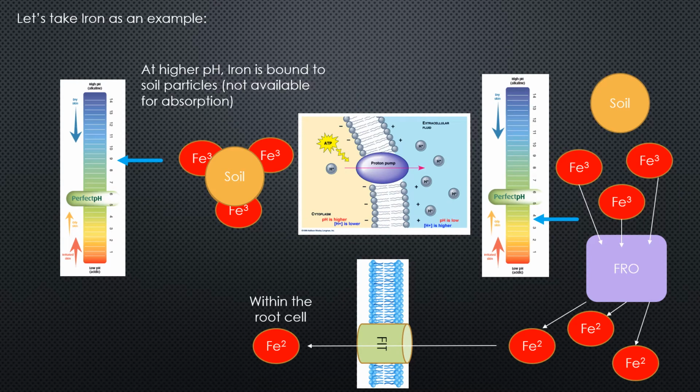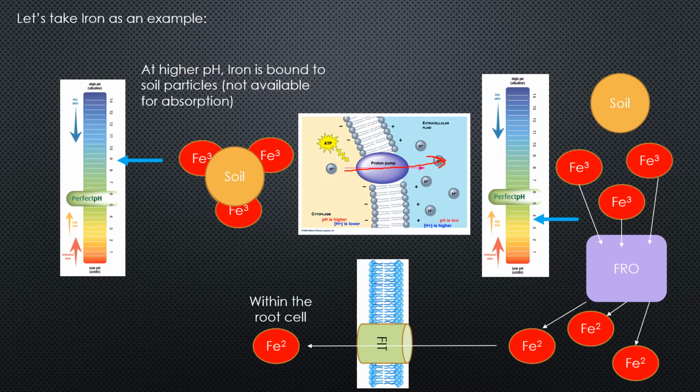And I won't go over all the details about this because we've already looked at it in one of your previous videos, but I'll walk you through it real quickly. If we're talking about iron, remember at a higher pH, the iron is bound to the soil particle and not available for absorption. And then through a proton ATPase, hydrogen ions are sent out into the soil in order to lower the pH.